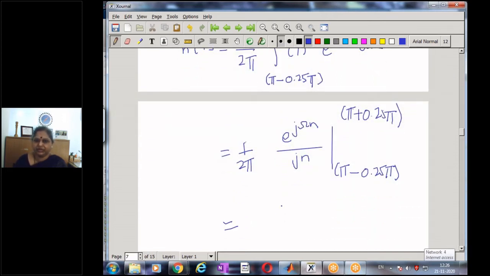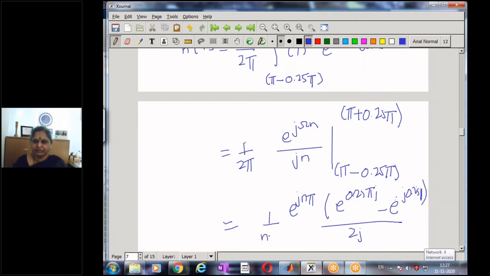And this will become e to the power of j n pi into e to the power of 0.25 pi j minus e to the power of minus j 0.25 pi, divided by 2j, and then I have my n pi.